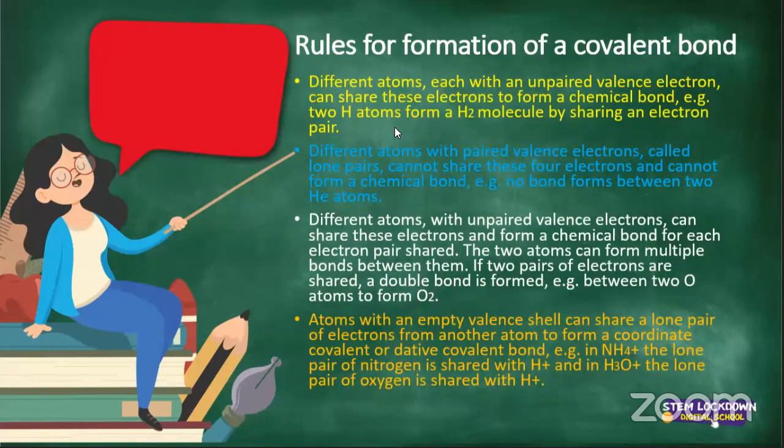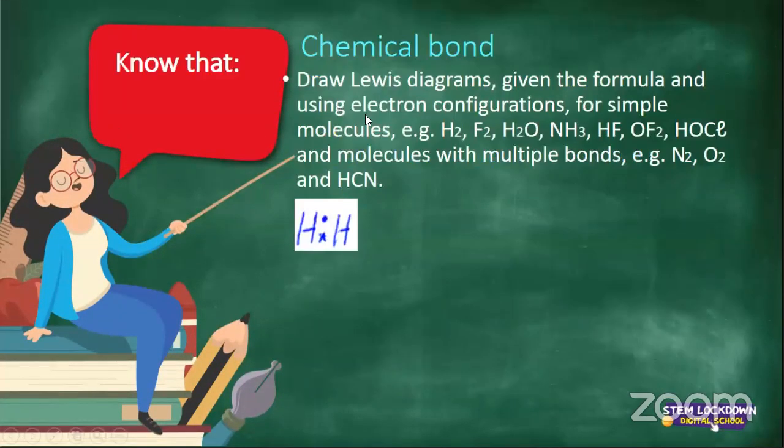Right. If we are to draw the Lewis diagram, given the formula and using electron configuration for simple molecules, let's see, for hydrogen this will be the Lewis diagram. And for fluorine, this will be the Lewis diagram.